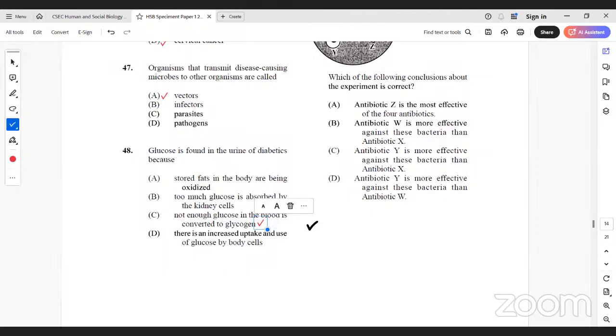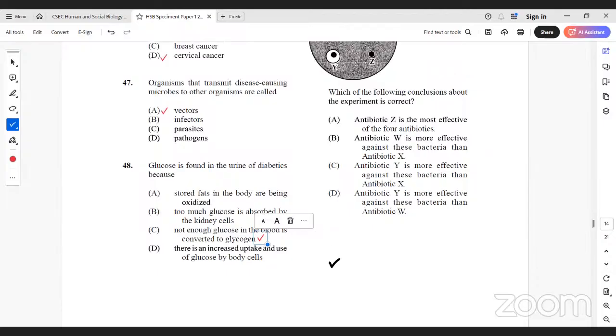So it is being passed out, because diabetes is uncontrolled glucose levels. Because the body is not able to convert glucose to glycogen fast enough, some of it will be excreted in your urine. So that's the answer, C. I hope everyone understands that explanation.